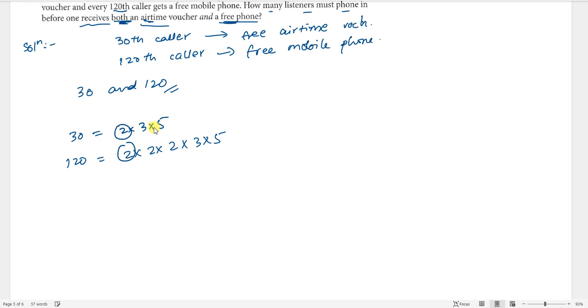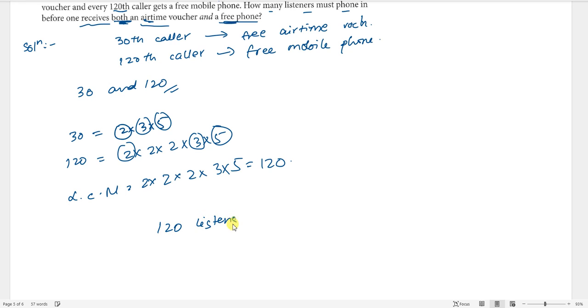Find the common, 2 and 2, and then we have 3 and 3, we have 5 and 5. So we can write LCM is equal to 2 times 2 times 2 times 3 times 5 is equal to 120. Hence, 120 listeners. So that means 120 listeners must phone in for one of the listeners to receive a free airtime voucher and a free mobile phone.